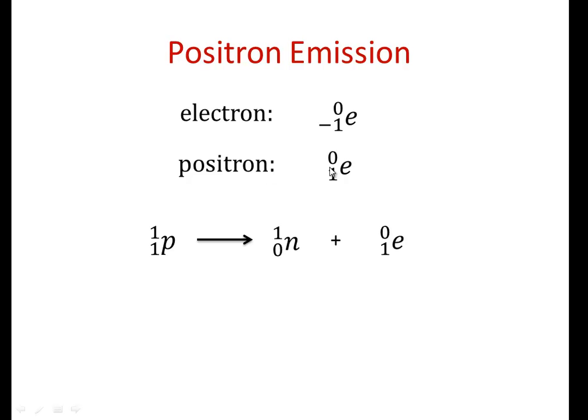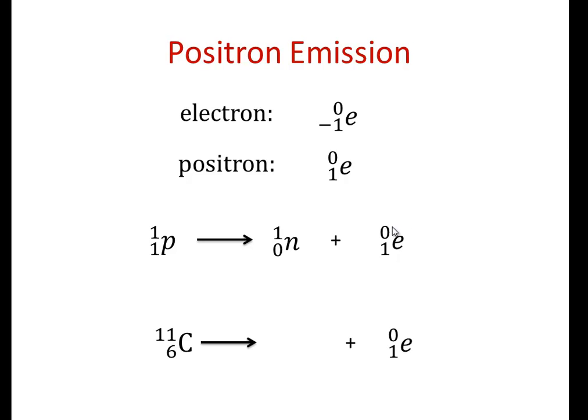Anyway, here's what's interesting. Positron emission involves a proton transforming into a neutron plus a positron. So it's kind of like the opposite of beta emission, where the neutron converted into a proton. With positron emission, it's a proton that turns into a neutron. And then in order to maintain conservation of charge, you have to have a positive particle pop out of there.